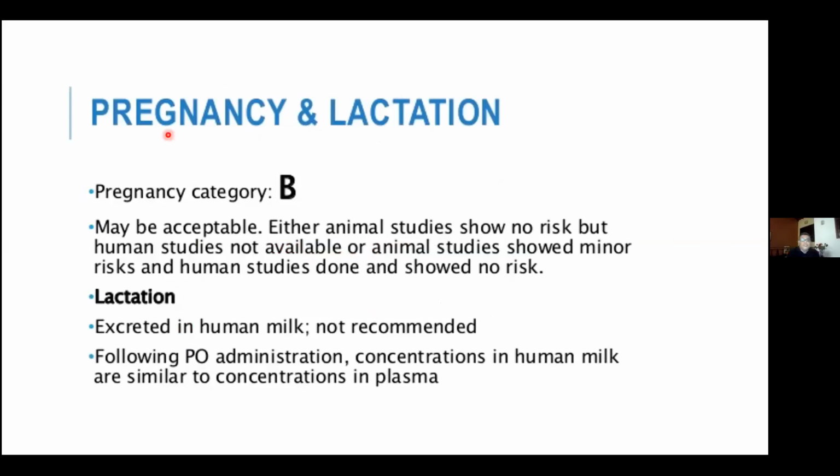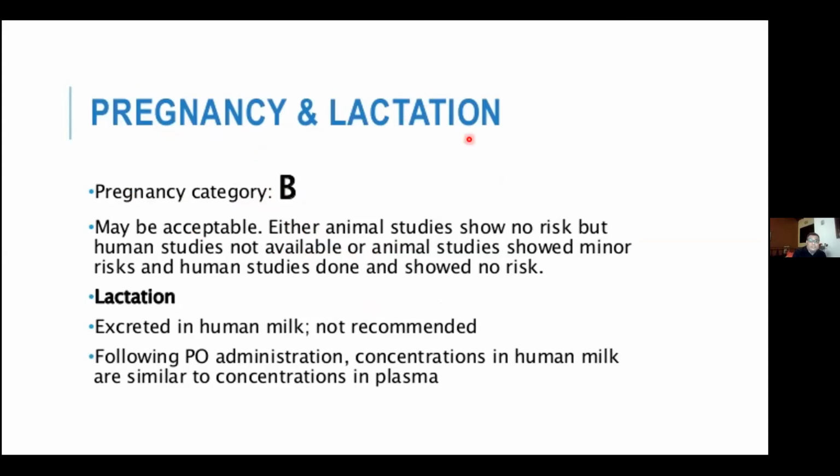Regarding safety in pregnancy, the pregnancy category according to the FDA is B. It is relatively safe to use in pregnancy, but with caution. If it is really indicated, you can use it, but it is better to avoid it in the first trimester of pregnancy.